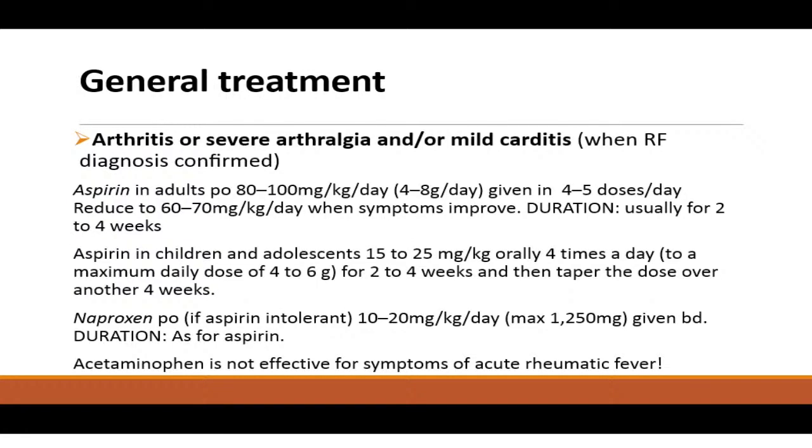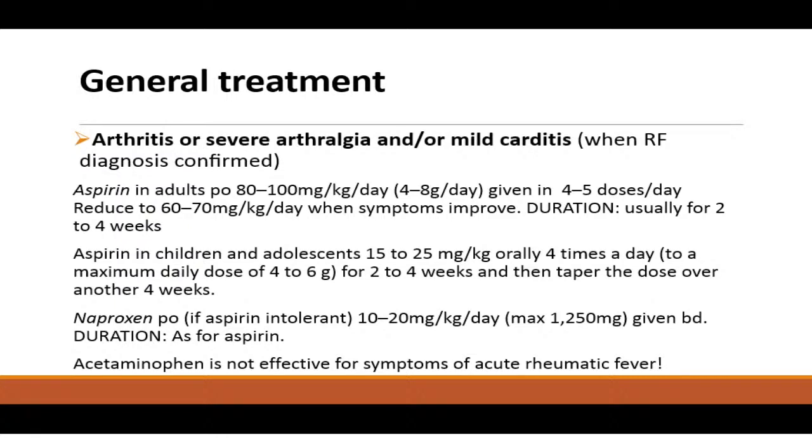For arthritis or severe arthralgias and/or mild carditis, we may start with big dosages of aspirin. You see the dosages of aspirin in adults and in children. The most common duration of an aspirin course is from 2 to 4 weeks.